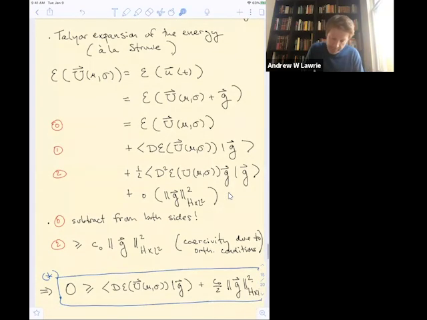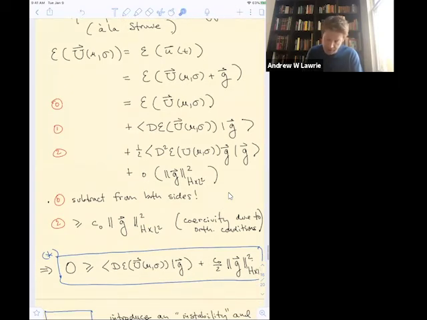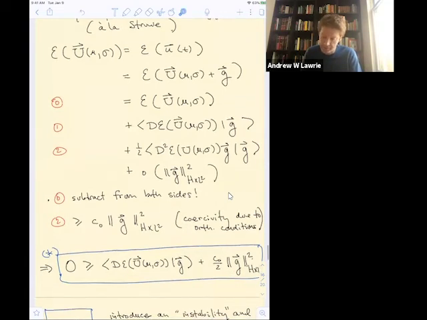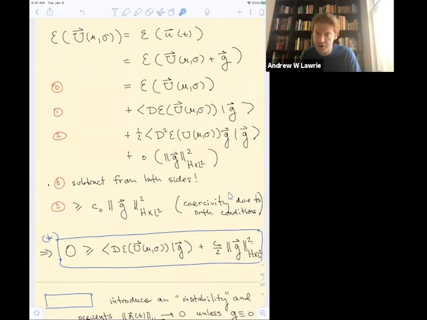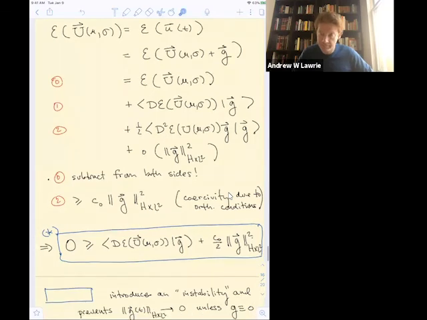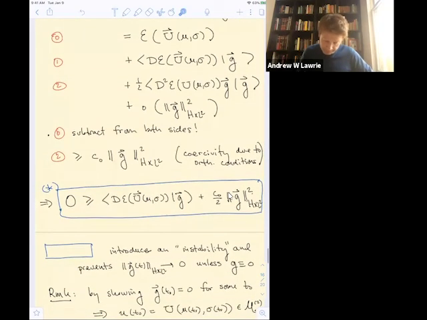But then from this equation here, and these lower order terms I can absorb into this term, I obtain an inequality: 0 is bigger than or equal to this linear term plus some constant times the square energy norm of G. And if you look hard enough at this, you see that this gives me some type of instability.